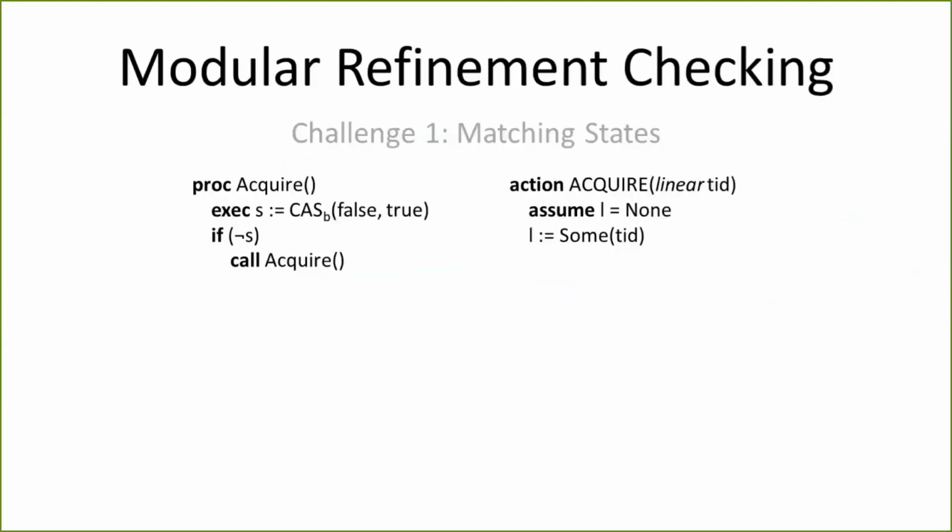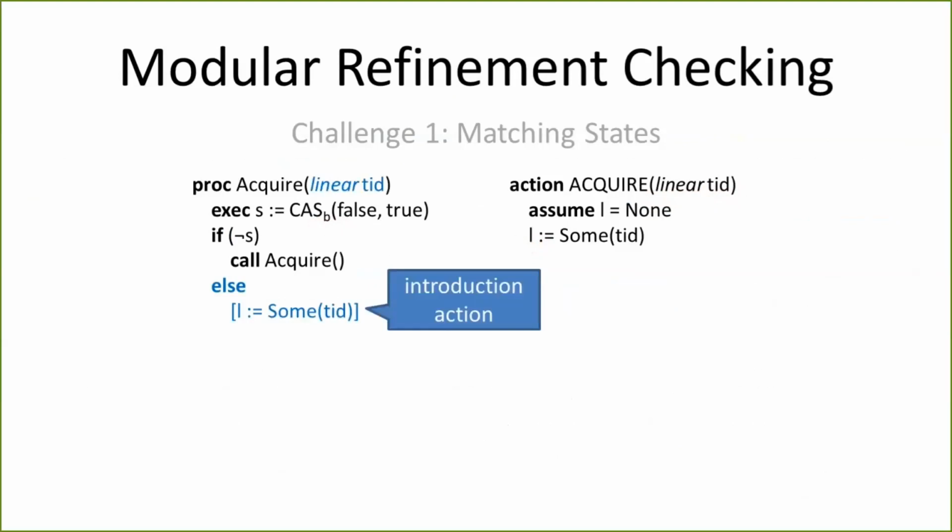To actually perform modular refinement checking, for example, to convert procedure acquire into an atomic action, we have to solve two challenges. The first one is to match the different state representations, because the low-level procedure is implemented over the global variable b, whereas the abstract atomic action has an additional local parameter and ranges over the abstract lock variable L. The solution provided by CIVL is to allow the programmer to refer to the introduced state in the low-level implementation.